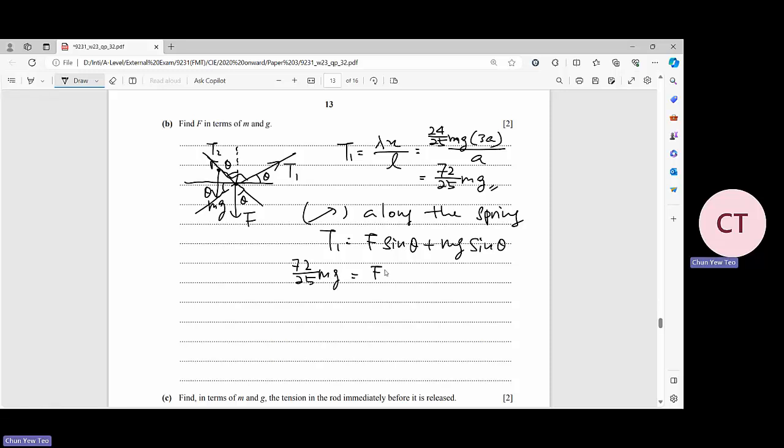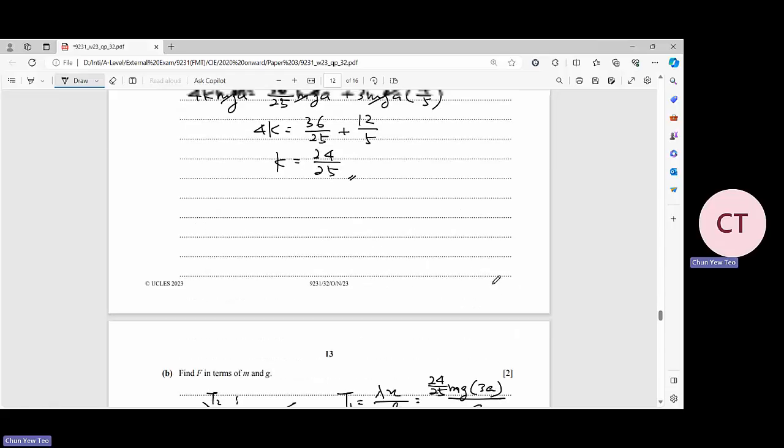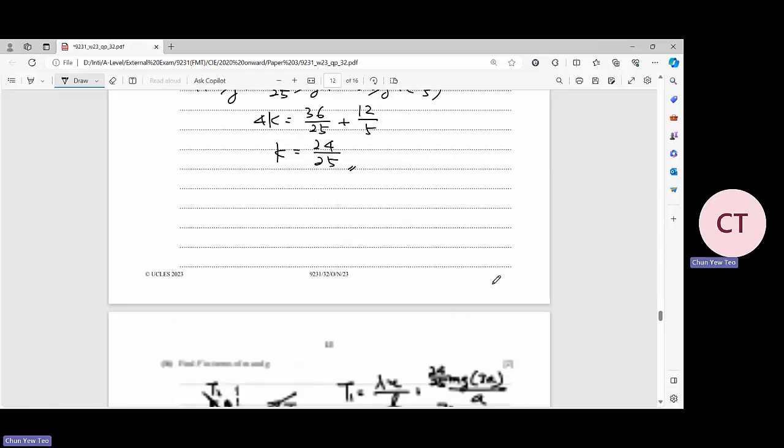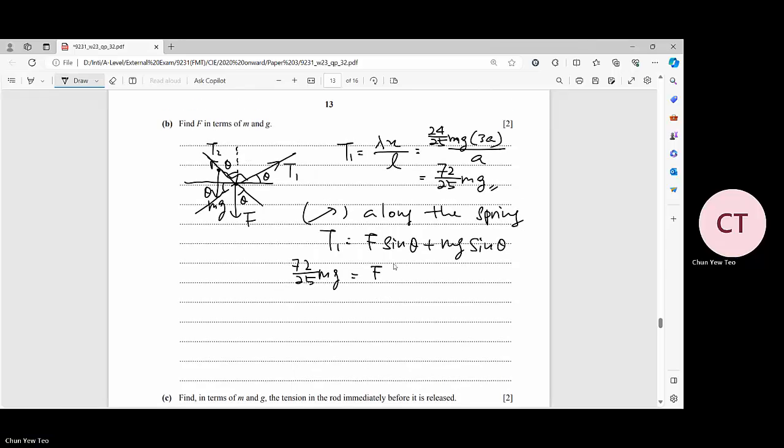Your sine theta just now was 3 over 5, plus the 3 over 5 mg.